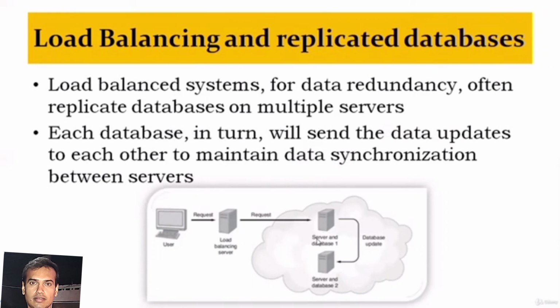This is the main server, database server 1, and it continuously sends the data updates to database server number 2, so that there is a replica of this database. That is a replicated database. And we have a synchronization between the servers. So in case of the failure of one database server, it may be switched to the other database server, which serves the need of the customer.